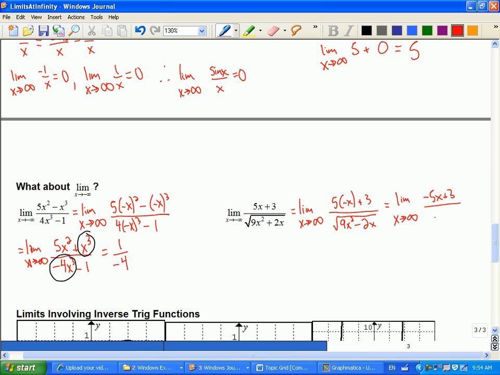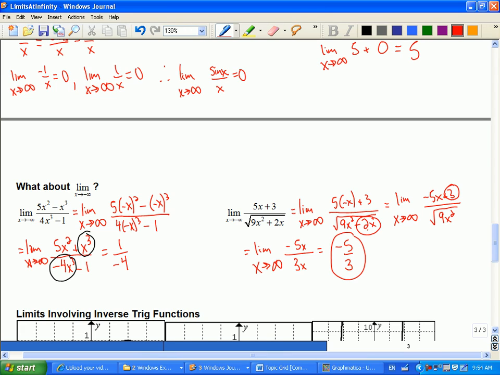And on the bottom, I have the square root. This is insignificant as I get big enough, so that's what I'm going to drop out of this problem. I'd have 9x squared. This is insignificant, so the limit that I want to work with is as x goes to infinity of negative 5x over 3x. So this will become negative 5 over 3.